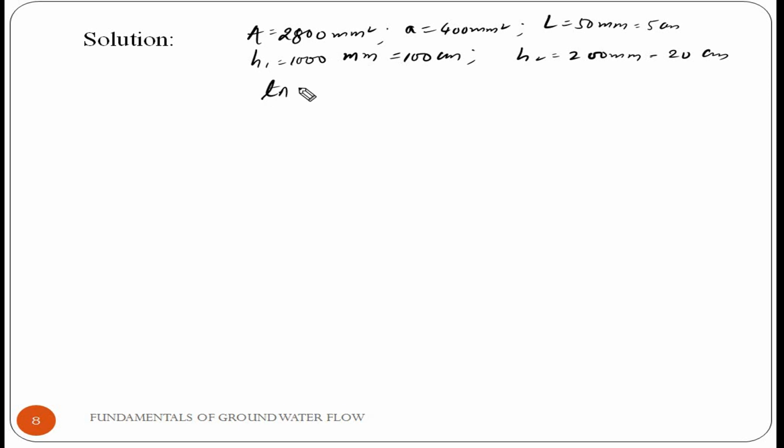So for time, for sample A it is 500 seconds, for sample B it is 15 seconds.